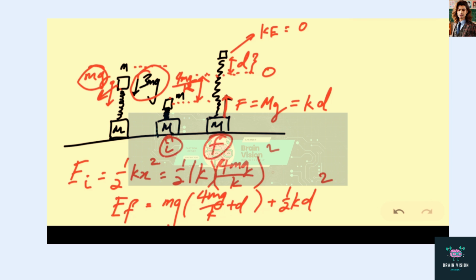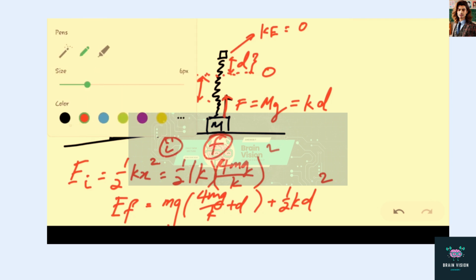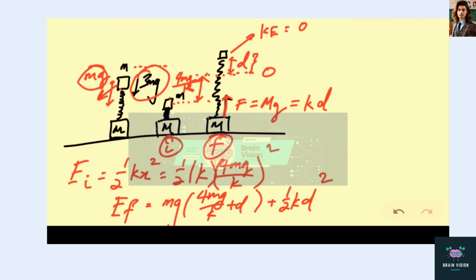Now we need to equate these together by conservation of energy. So this is the initial energy, equate that to the final energy.